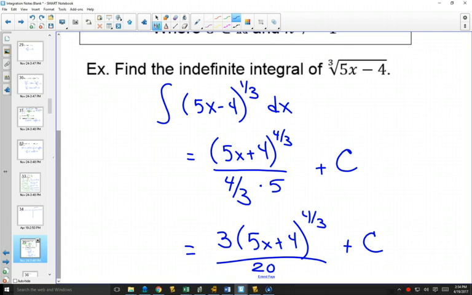Every time you integrate, if you're unsure if that looks right, you can always take the derivative of it afterwards, simplify, and see, do I get 5x minus 4 to the 1/3? If I bring my 4/3 out in front, and then subtract 1 from the exponent and do the chain rule, does everything cancel out?